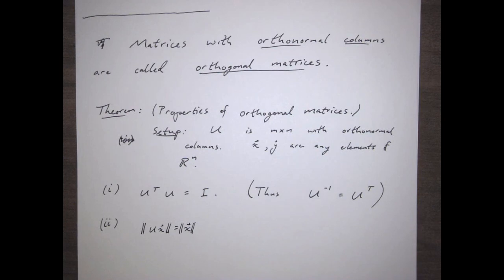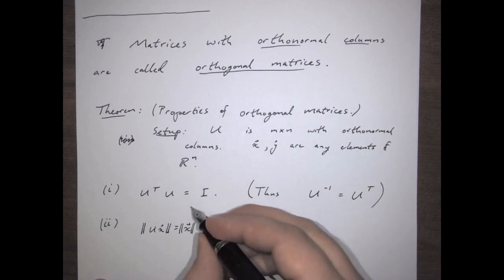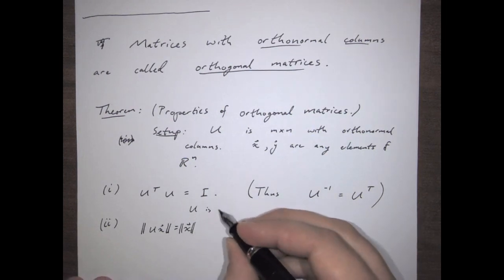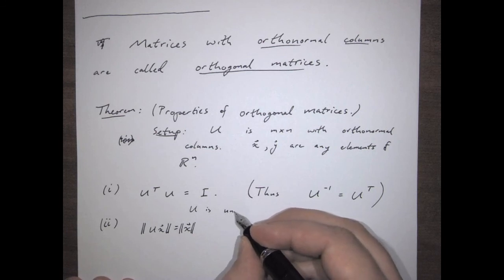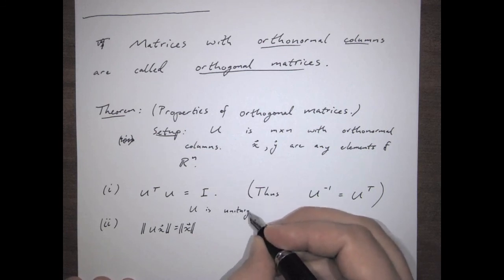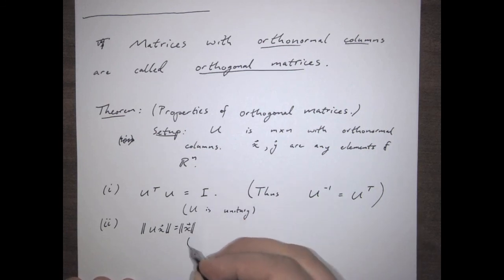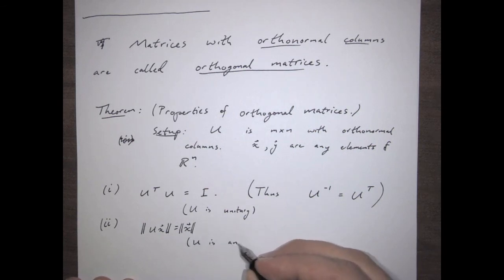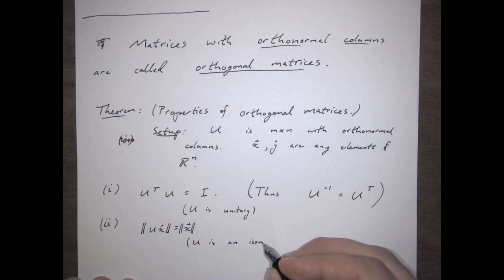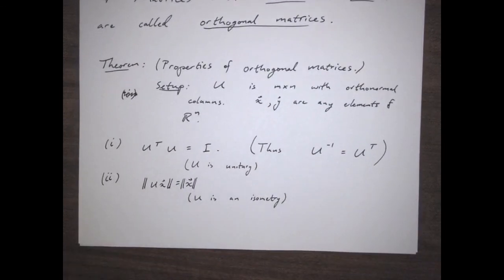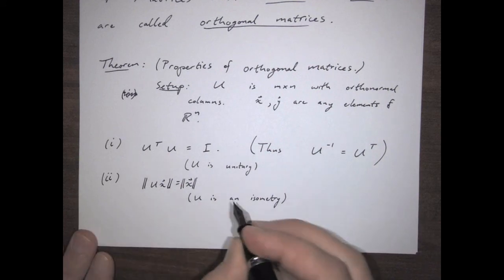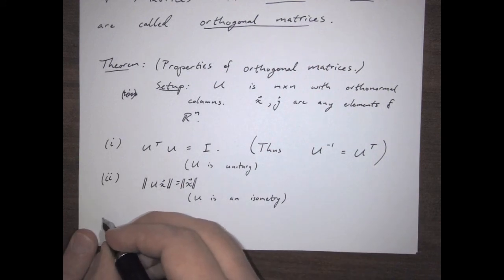So this first one is U is unitary. This one is saying U is an isometry, meaning that it doesn't change the lengths of any vectors. Isometric, meaning same measure.